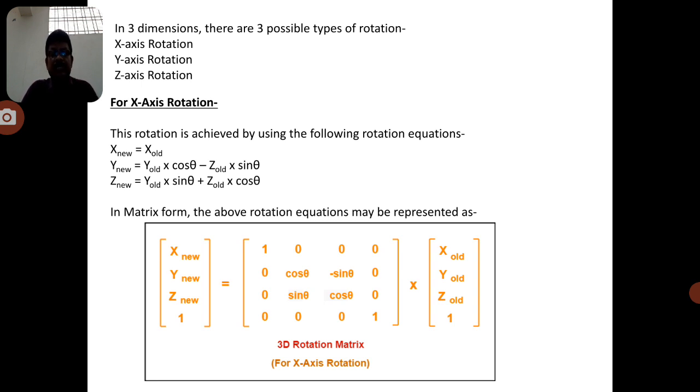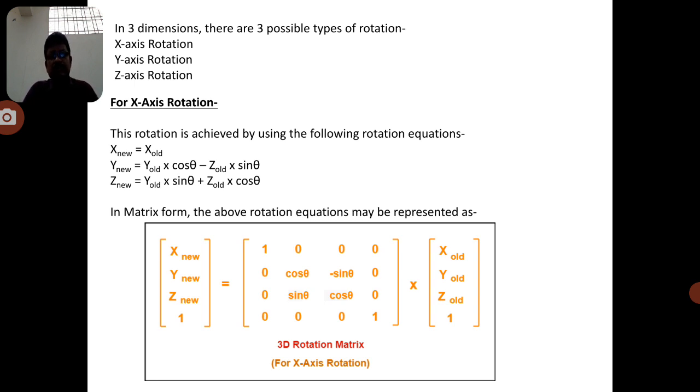Coming to x-axis rotation, this rotation is calculated with the help of some equations. If you consider the x-axis rotation, there is no impact on the x-axis. The impact goes to the y-axis and the z-axis. That means the x new value doesn't change, the new value equals the old value.